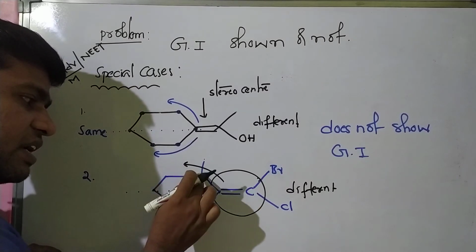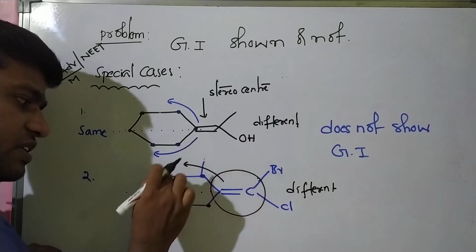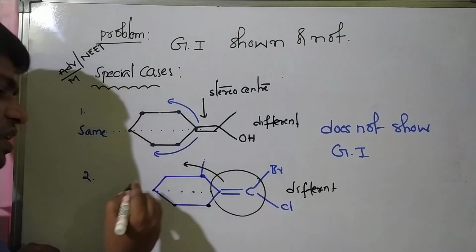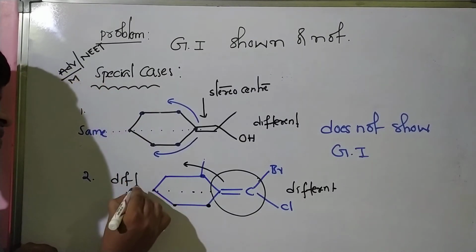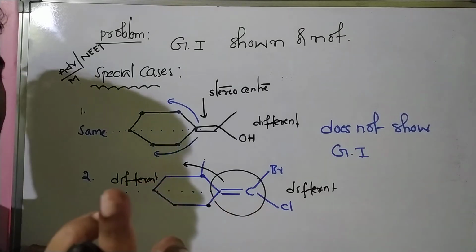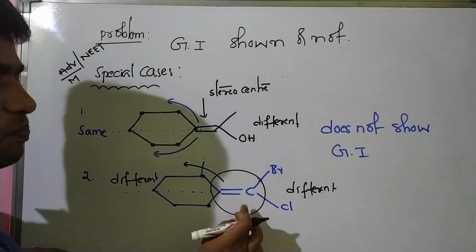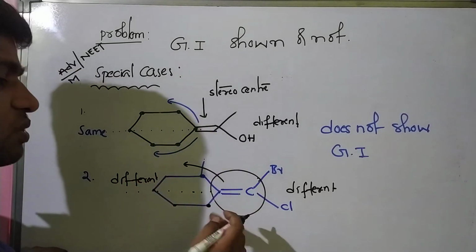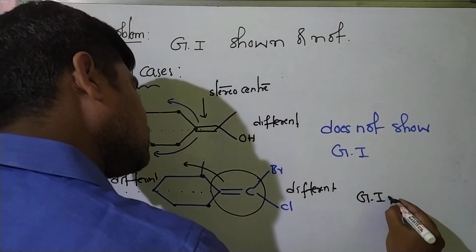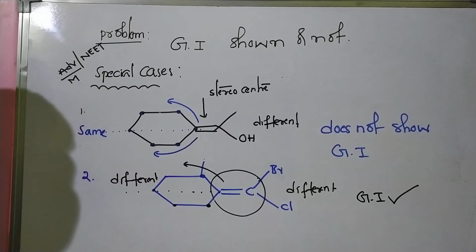In this direction, CH3, CH2, CH2. But in this direction, CH2, CH2, CH2, means different. So this compound fulfills the geometrical isomerism condition. So it will give geometrical isomerism. Okay, please note.